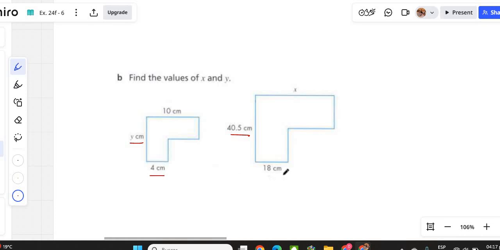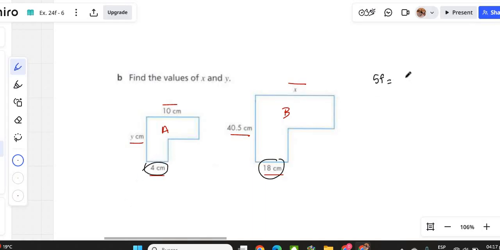The small side corresponds to this one, and the largest side corresponds to this one. So to find the scale factor, this is shape B, and this is shape A. Remember, the scale factor is the division between corresponding sides of which you have information. In this case you have information of 18 and 4.